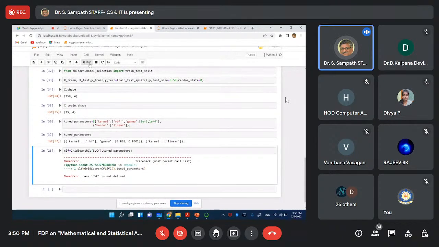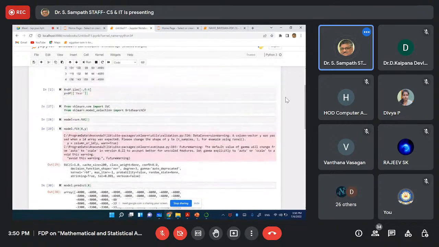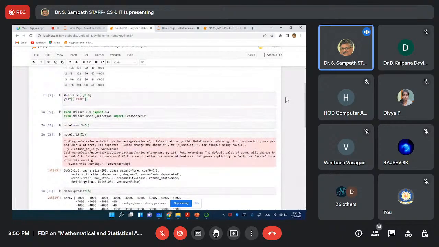So when I run this, why does this error come? Can anyone of you identify? So here I will be having GridSearchCV, SVC tuned parameters. GridSearchCV, SVC is not defined. Why? It has to come. SVC I have defined now.